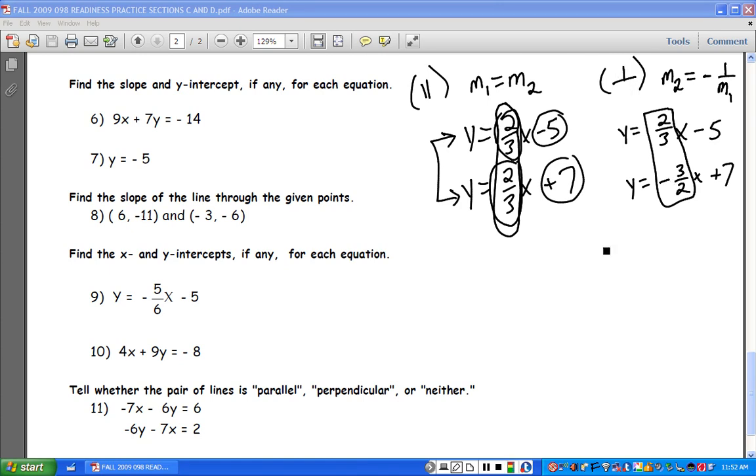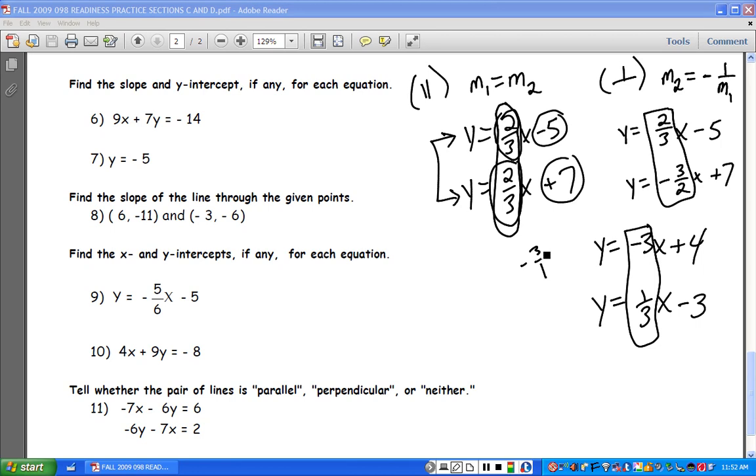Show you another one. y equals negative 3x plus 4, and y equals 1/3 x minus 3. Again, once we've solved the equations for y, all we care about are the slopes. My first slope is -3. Now 3 is really 3 over 1.